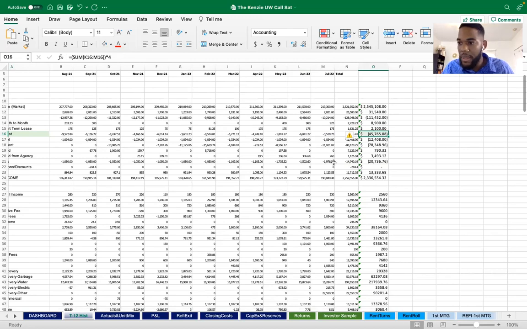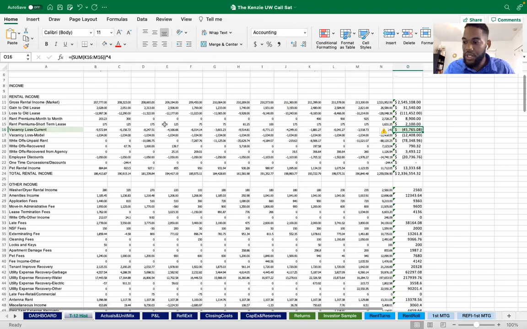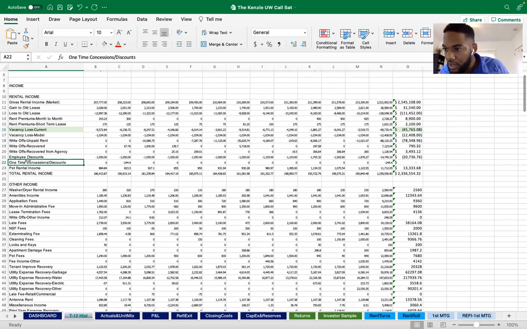Cool. Next, let's see if we can find concessions, guys. Which line items on here would you consider concessions? Would that be one-time concessions/discounts? Which line item? Let me see. One time, 22. Maybe 21.